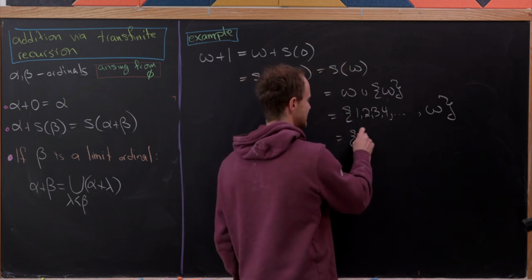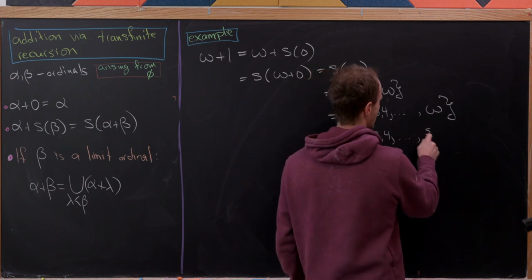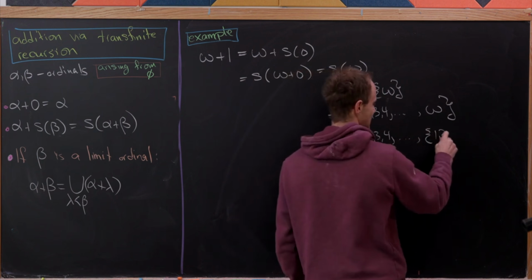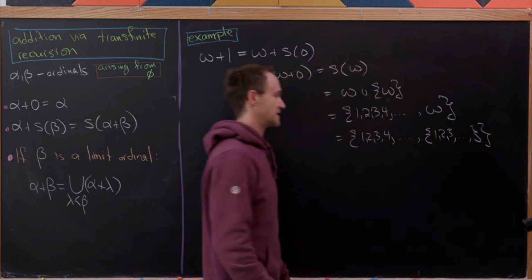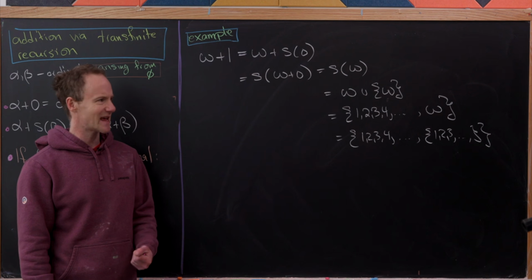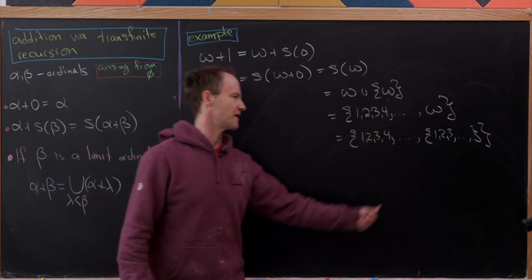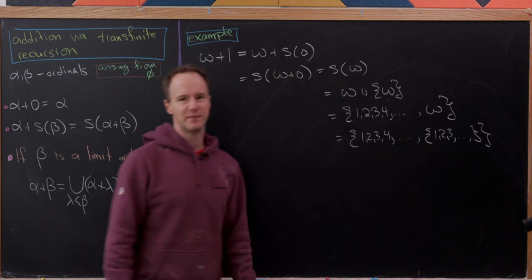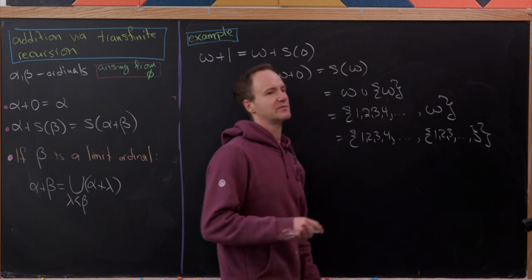Or if we were to write this out, we would have 1, 2, 3, 4, all the way up, and then at the end, we would have the set containing 1, 2, 3, 4, and then that never ends as well. And you might say, maybe you should just put this omega, or this set of all natural numbers, at the beginning, so it doesn't trail off and we've got infinitely many things before we hit omega.